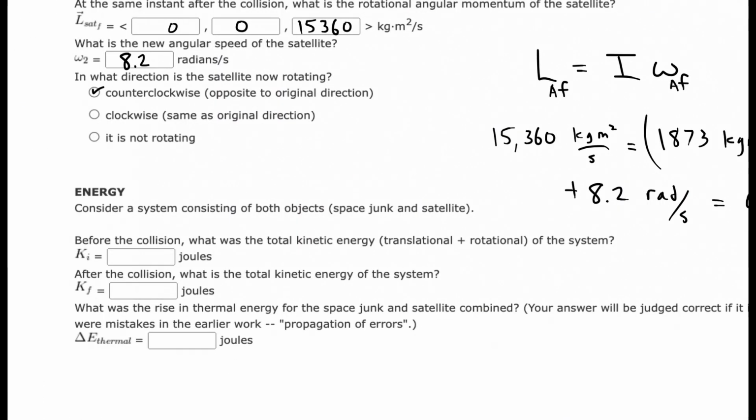Lastly, the question asks about energy for this system. The question wants to know, what was the total kinetic energy, considering translational and rotational energies, at the beginning before the collision?